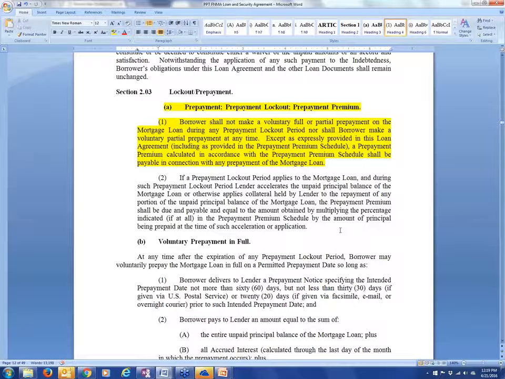Think about that, folks. What kind of bank doesn't want their money back? Maybe a bank that isn't really a bank. See, because you're not really borrowing this money, though you technically are. It's coming to you in the form of a securitization. It's coming to you in the form of a security.